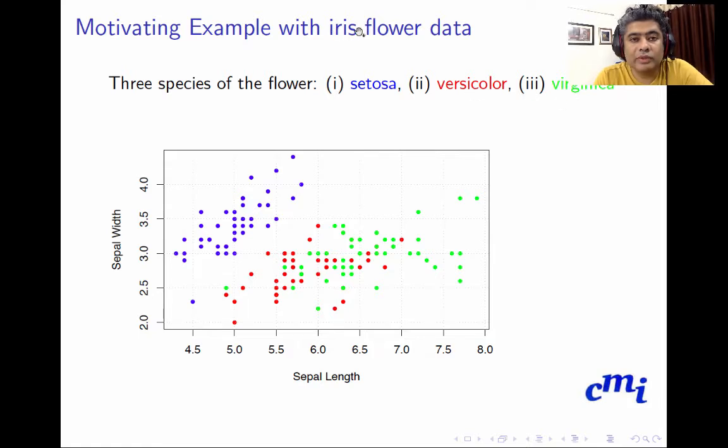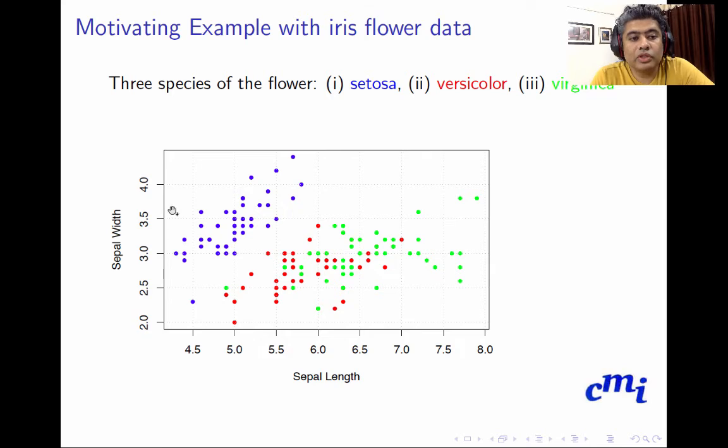Iris is a particular kind of flower which has three subspecies. In the original data, four phenotypes of the flowers are recorded: sepal width, sepal length, petal width, and petal length.